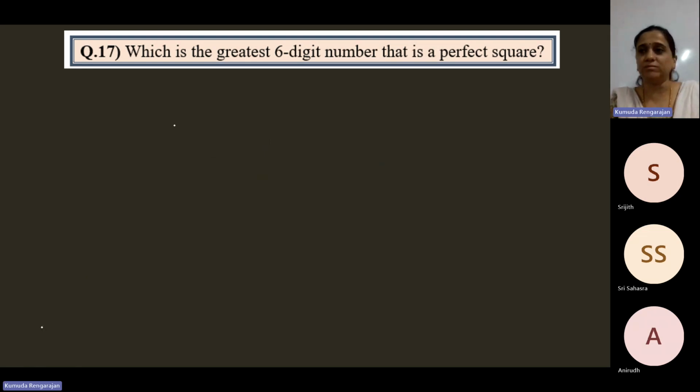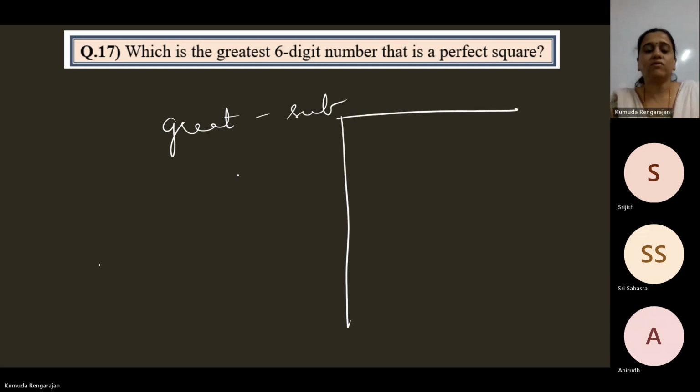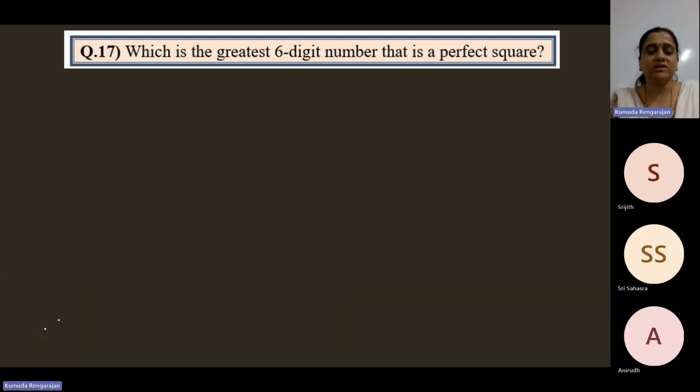So this is greatest number, so subtraction procedure. You first find the square root of the greatest 6-digit number using the long division method. Adding and subtracting use the long division method, not prime factorization.